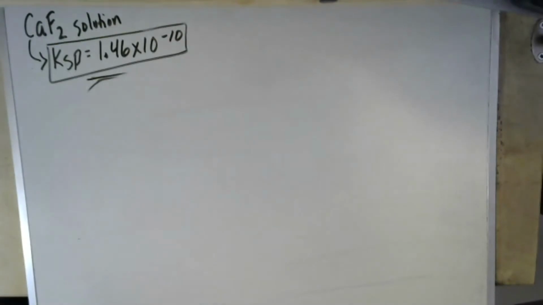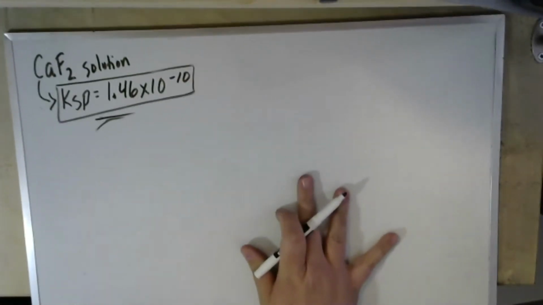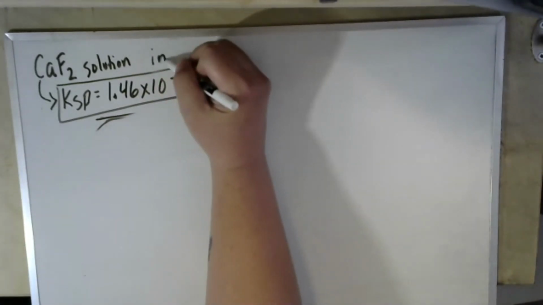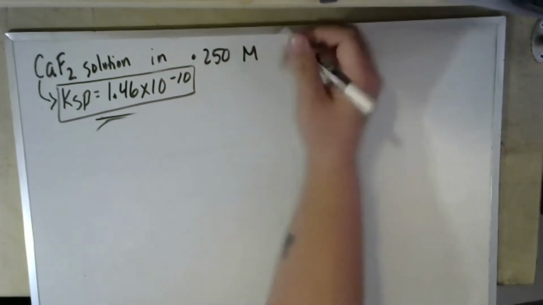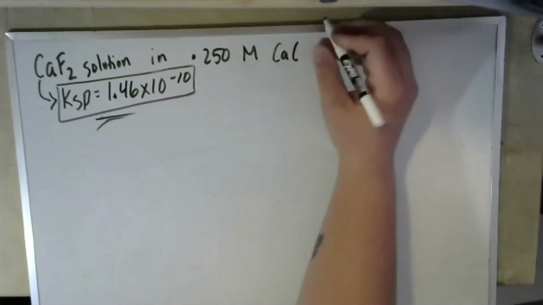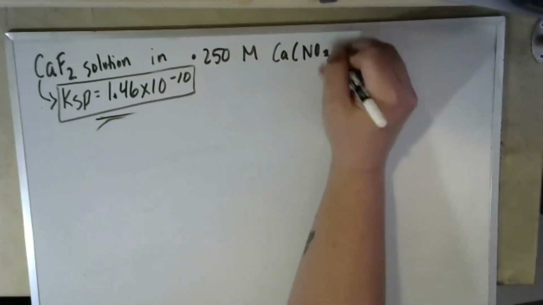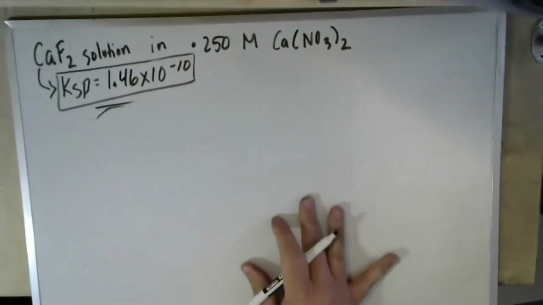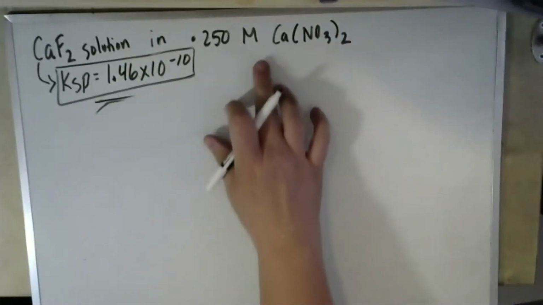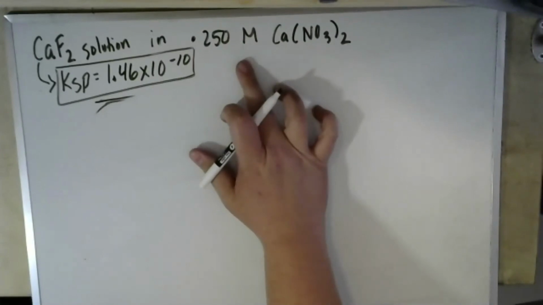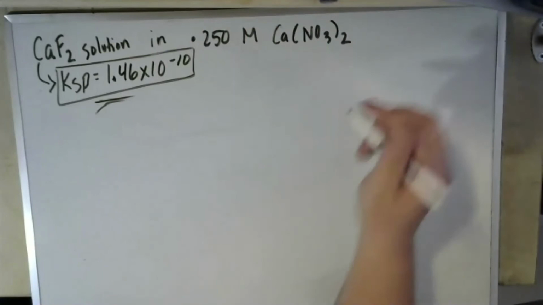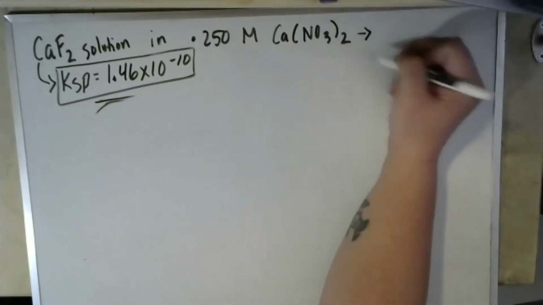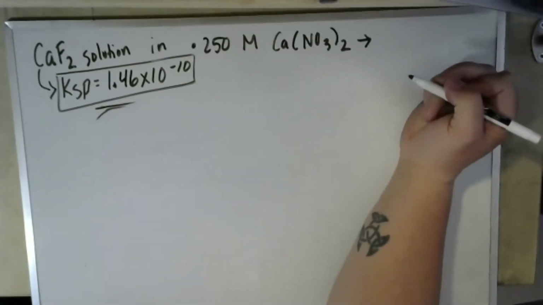Okay. So this time we're going to find the molar solubility of CaF2 in 0.250 molar calcium nitrate. Again, when we have a second component, we want to dissociate it into its ions.